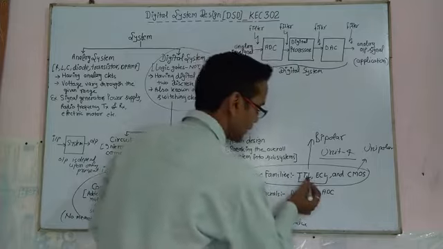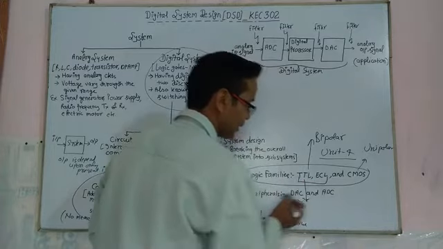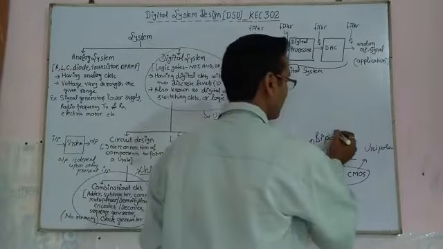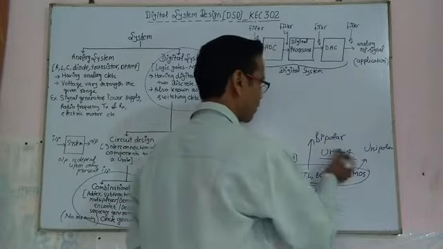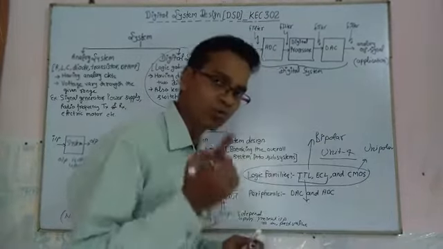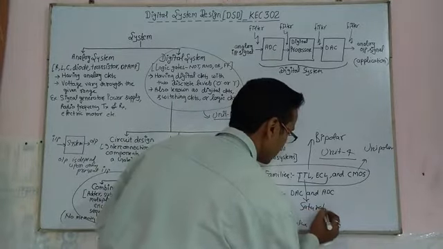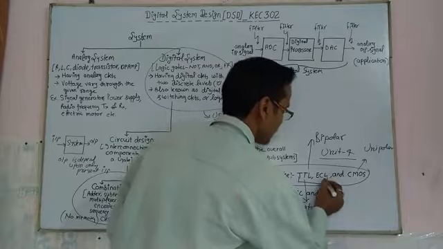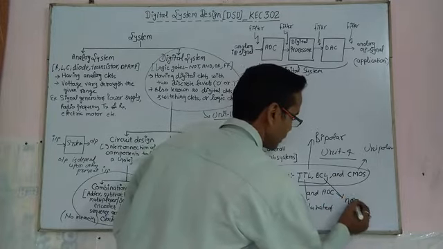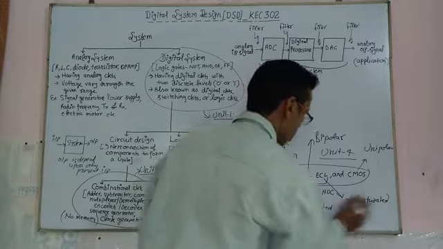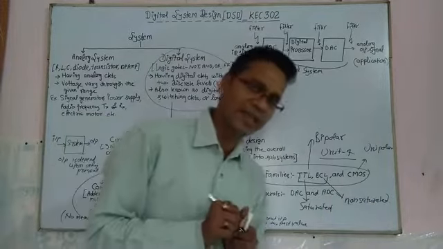And TTL is saturated. The bipolar logic family is divided into 2 categories: saturated and non-saturated. So what is the meaning of saturated and non-saturated?